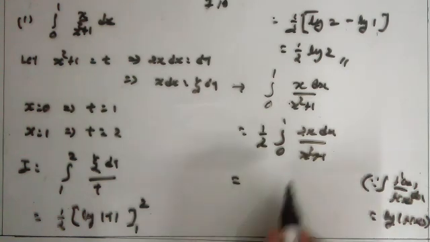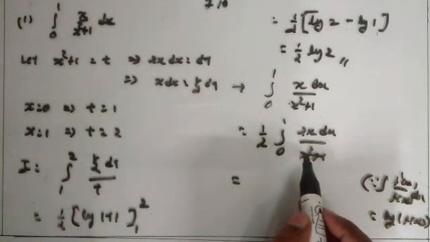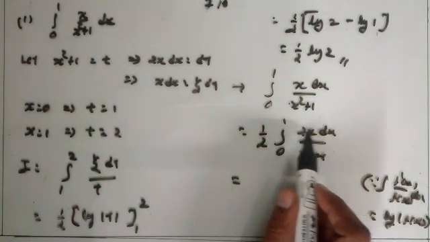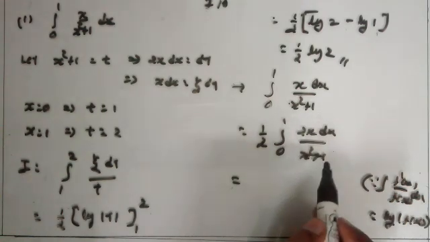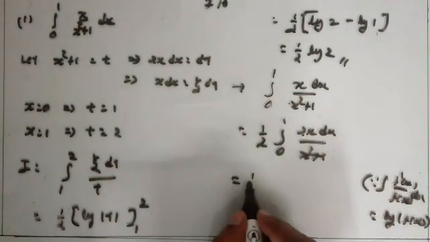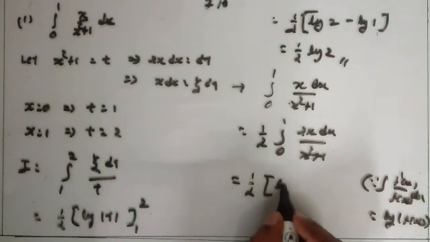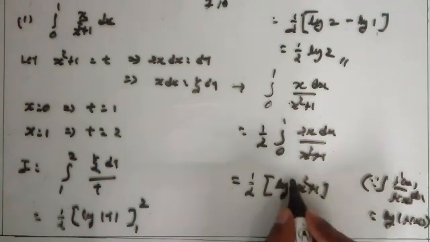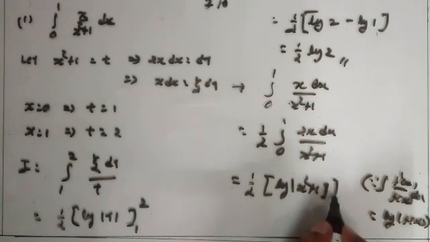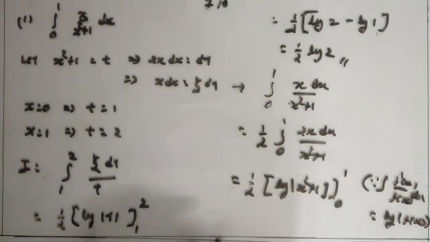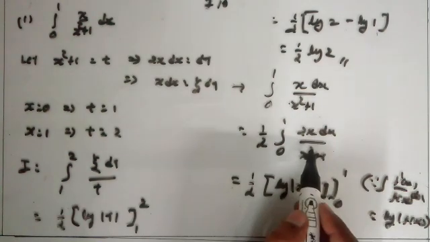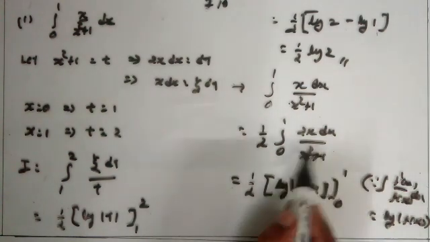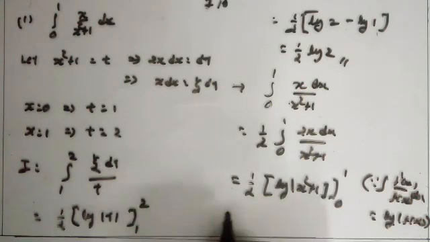Clear? So here the derivative of x square plus 1 is 2x. So 2x is the derivative of x square plus 1. So the integration of this is equal to log mod x square plus 1, with limits 0 to 1. Clear? f'(x) upon f(x) integrates to log mod f(x). Here f(x) is equal to x square plus 1.